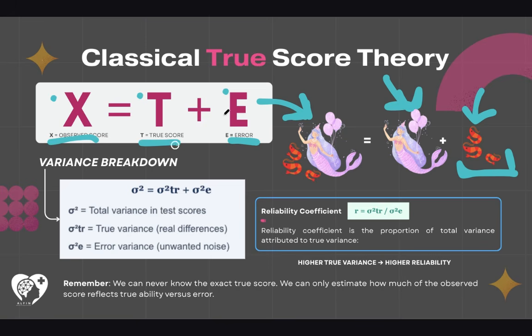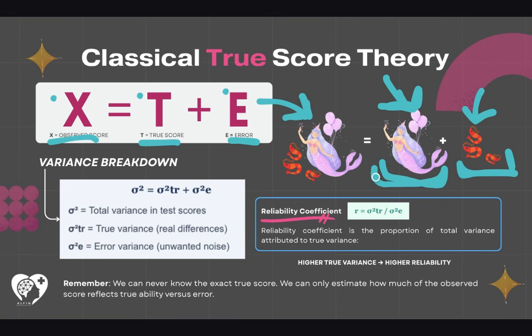Okay, so ang true score, if we remove the error, okay, so that is the true score. Now, without the shrimp, mao na siya ang true score without the error. So meaning we're capturing the mermaid alone. But we can never actually know someone's true score because again, kaning mermaid, di ba?